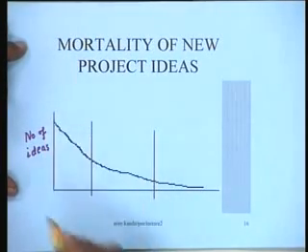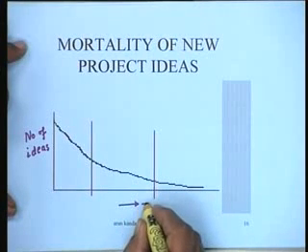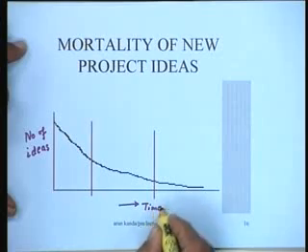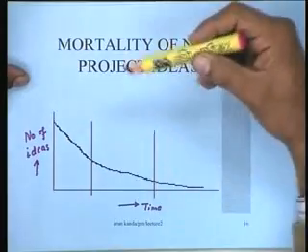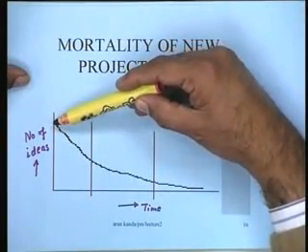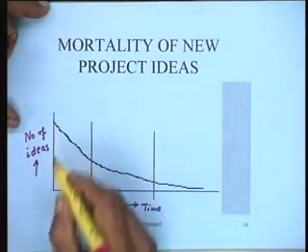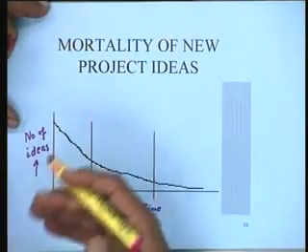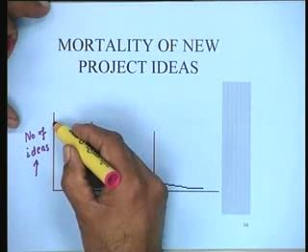On this axis, and let's say we have time on this axis. Then typically we find that, what really happens is that we brainstorm and we generate a number of ideas. Maybe we have generated some 50 ideas.